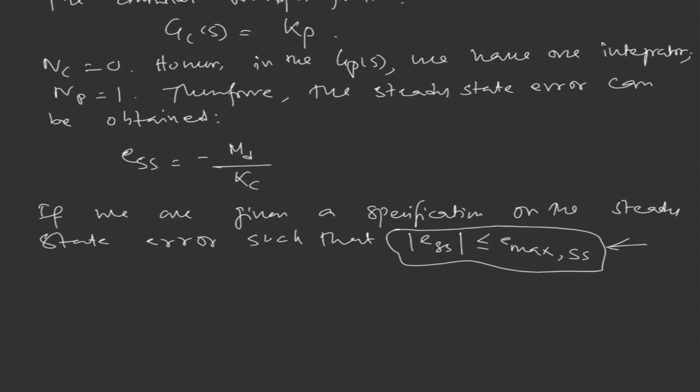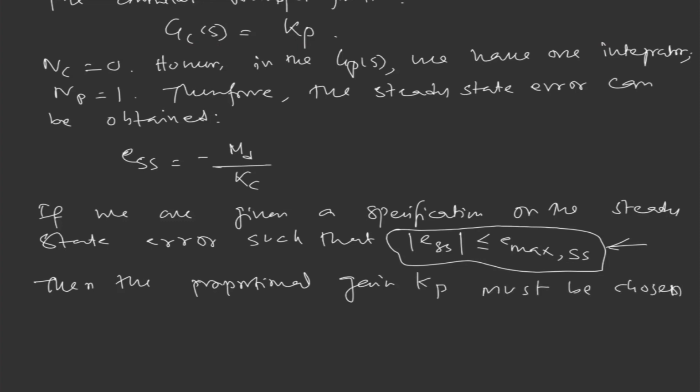So from this condition, the proportional gain Kp must be chosen such that Kp should be greater than MD divided by E max SS.